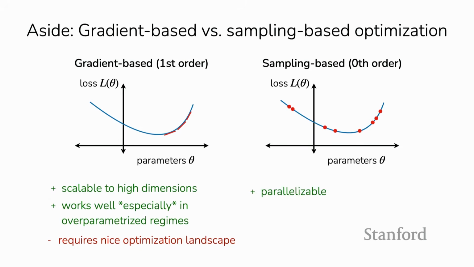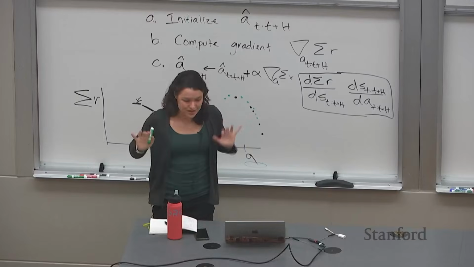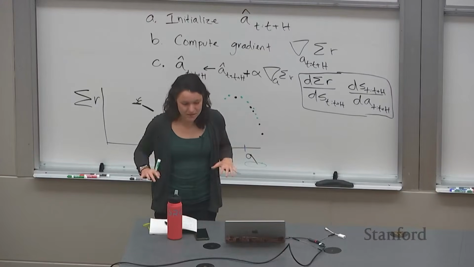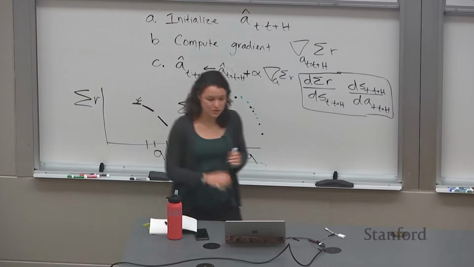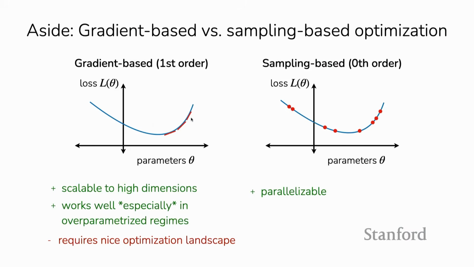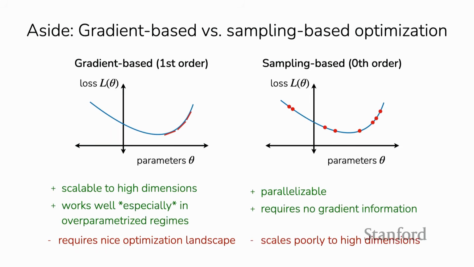Some of the upsides with sampling-based approaches is that it's really easy to parallelize because you can estimate multiple samples in parallel, whereas gradient descent inevitably has to be a very sequential process where you compute one gradient and then apply it and then compute the next gradient and so forth. And this parallelization can, in some cases, make it faster. It doesn't require gradients if you don't have them.